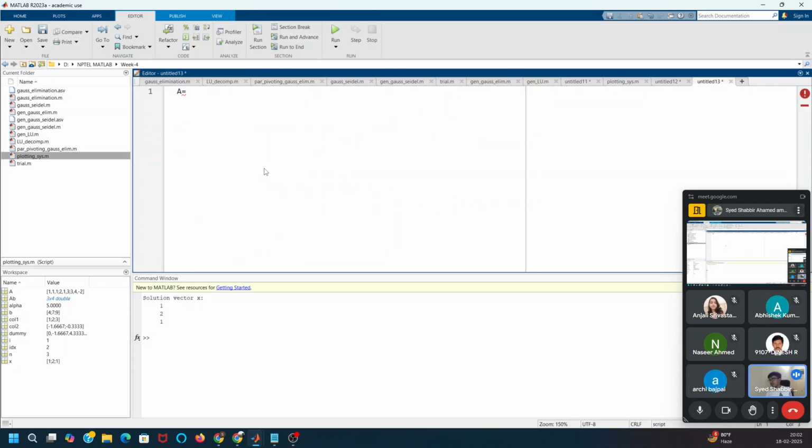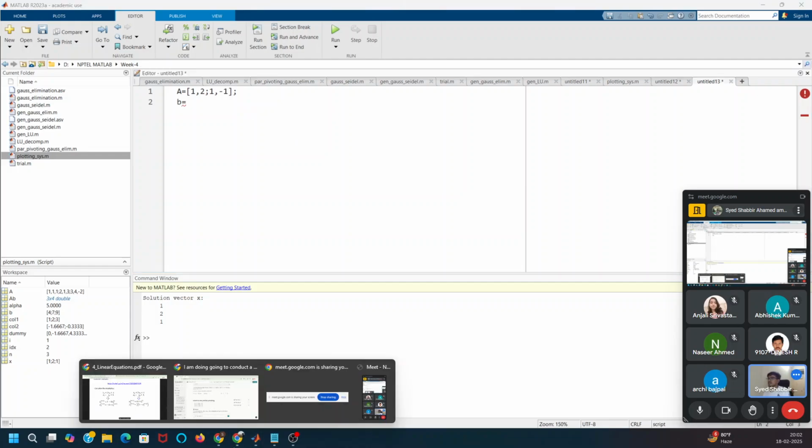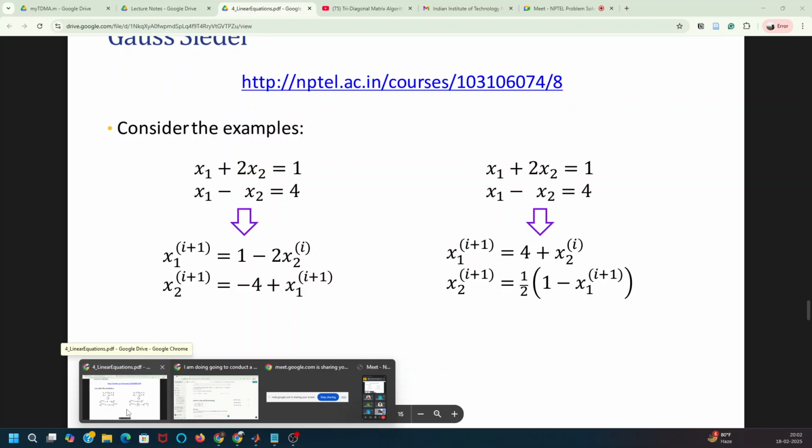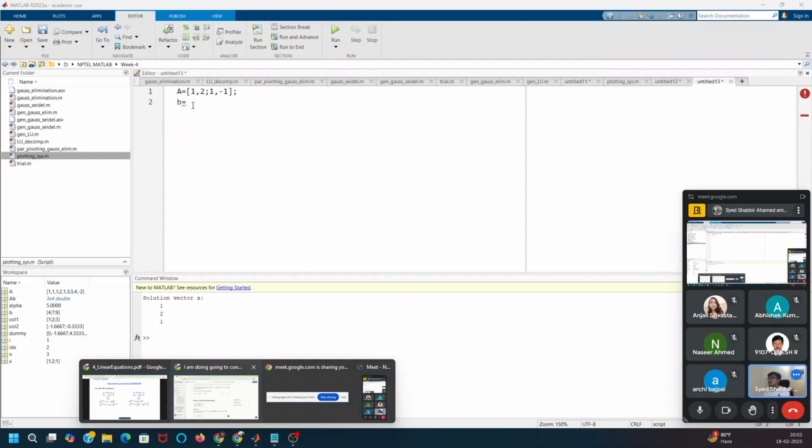So this is my A matrix, 1 2 and 1 minus 1, and our B was 1 and 4.